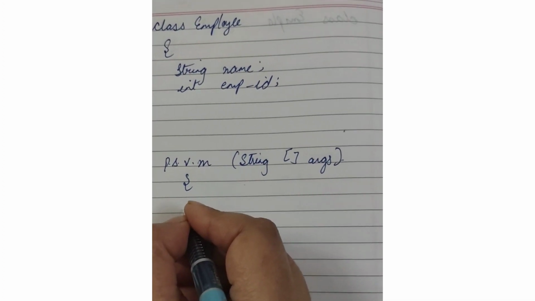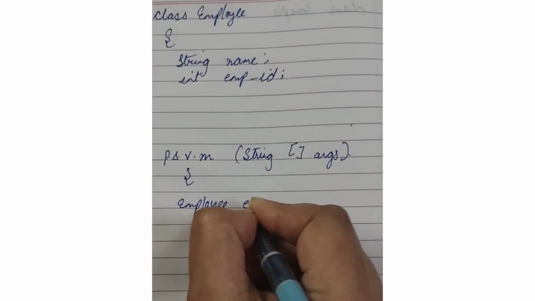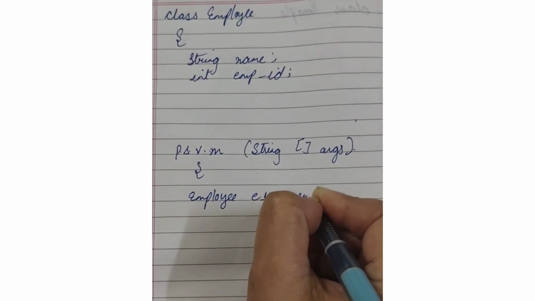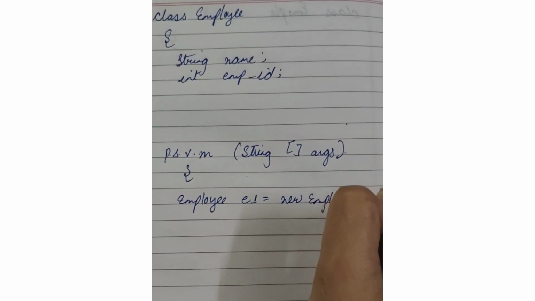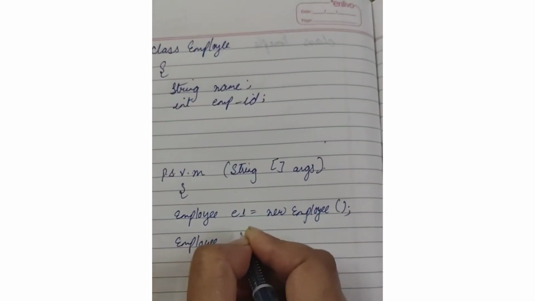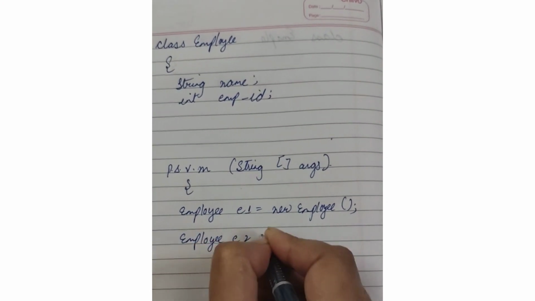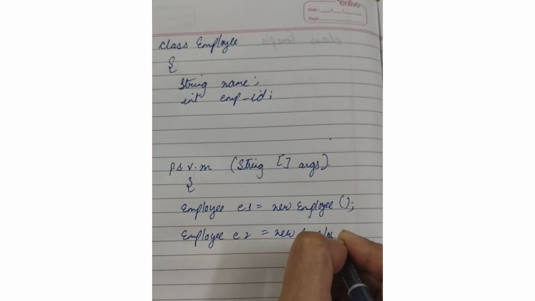Then I create an object, employee E1 new employee. In the second object I'll create employee E2 new employee.